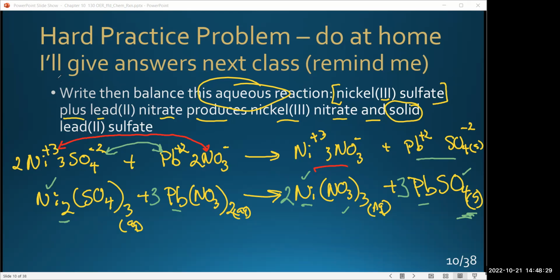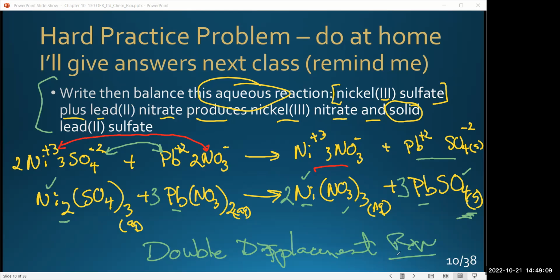So we took this sophisticated-looking equation, which looked difficult, broke it down to the ions, put them together with the right formulas and the right ratios, and then to balance them, followed the polyatomic ions. So there is a little bit of technique with respect to these types of reactions, and again, this is called a double displacement reaction, RXN, shorthand for reaction.